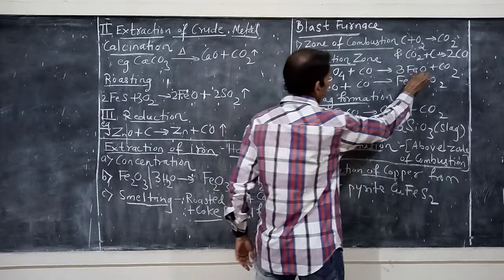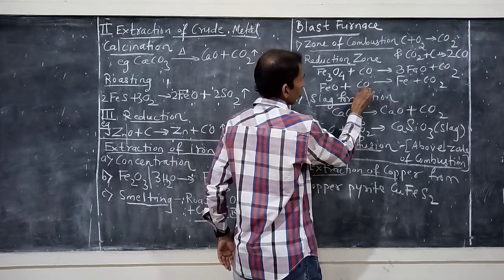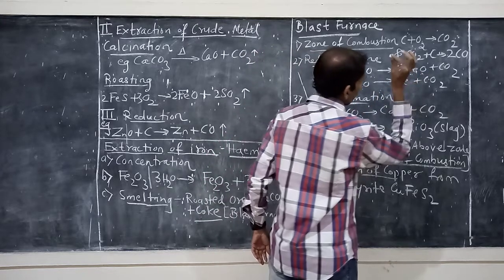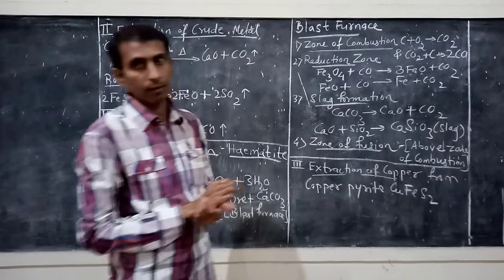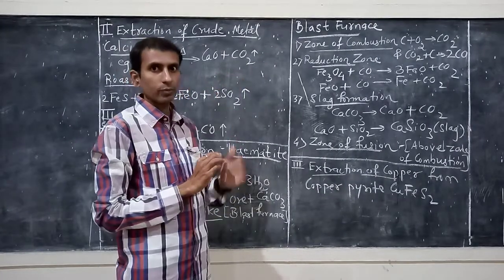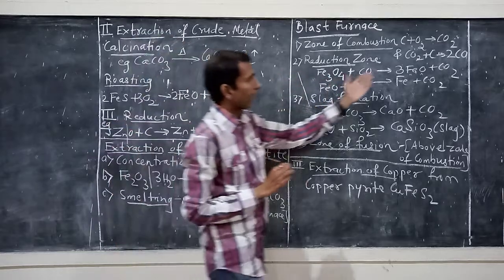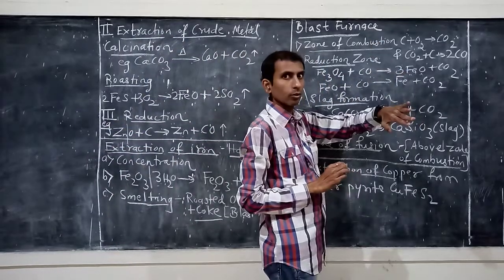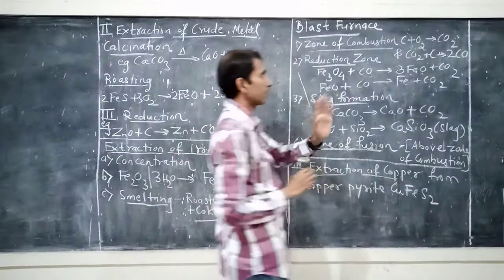And FeO will further react with excess of carbon monoxide forming Fe metal. So in the reduction zone it is very clear that iron oxide is reduced to give iron, that is Fe metal.